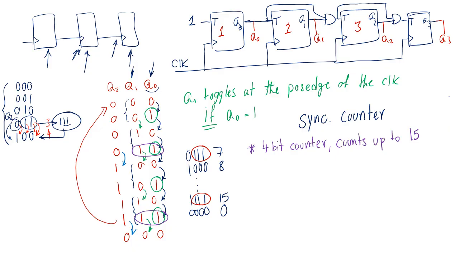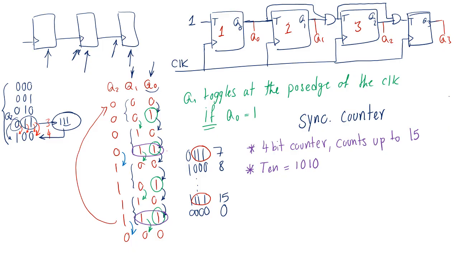And then goes back to 0. What if I wanted to go up to 10? Well, what is 10? 10 in decimal is going to be equal to 1010. Basically, what I'm saying is that whenever you detect a 1010, you want to go back to 0.